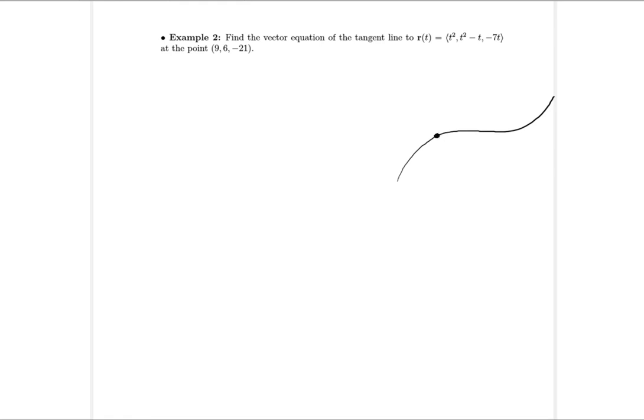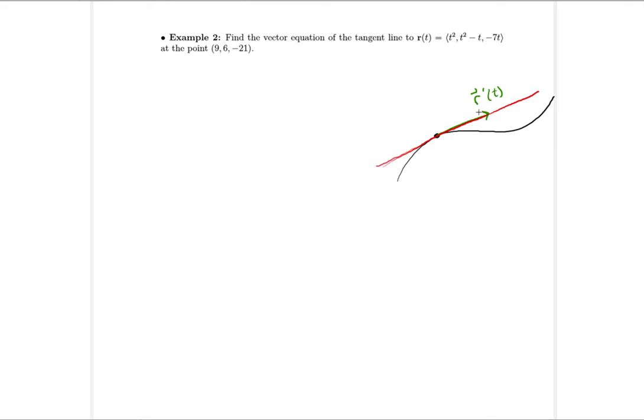We know that, I'll do it in green, that the vector r prime of t is right here. Now, I think we could agree that a tangent line would look like this, right? So that would be the tangent line.